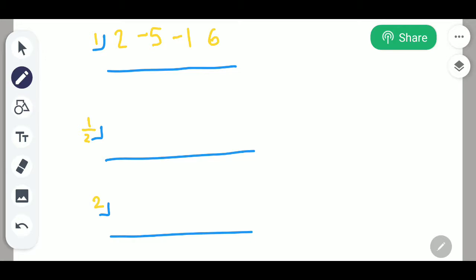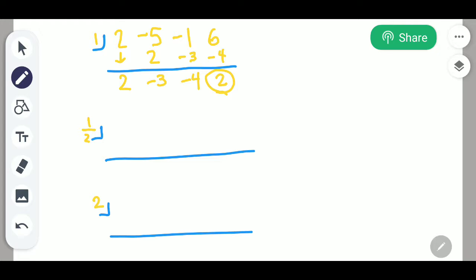If not, here's a little lesson on it. You bring down your first number. 1 times 2 gives me 2. Add down -3. 1 times -3 gives me -3. Add down. 1 times -4 gives me -4. Add down. This is not a factor because you have to have a remainder of 0 in order for it to be a solution, or a 0.